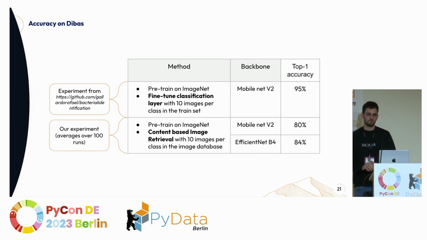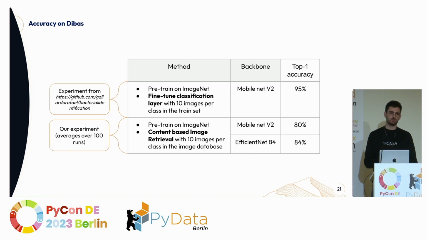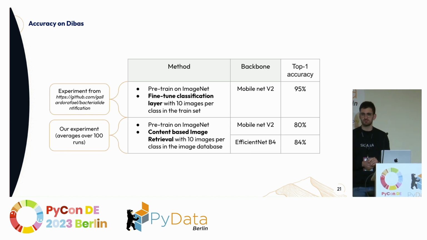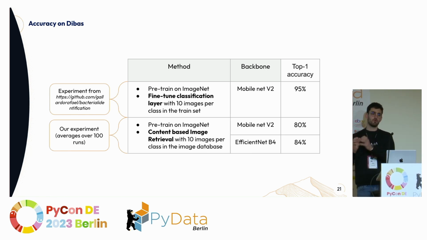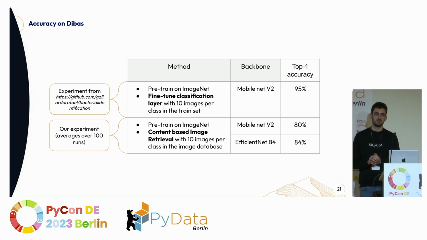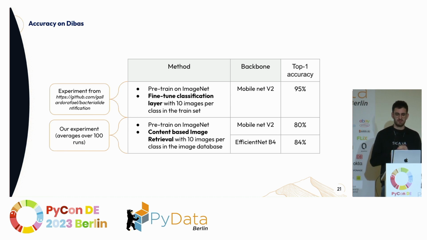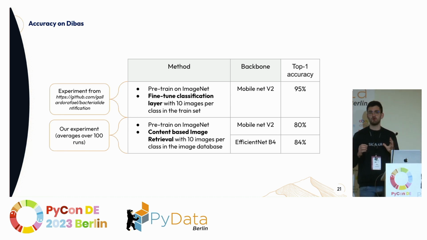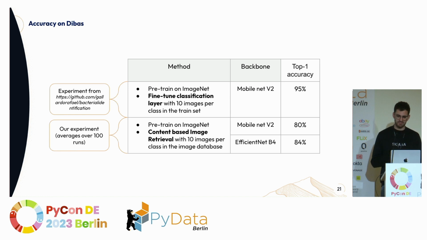In our experiments, we performed content-based image retrieval: we just use a model trained on ImageNet, compute image representations, and match these representations. At training, our model has never seen any bacterial images.